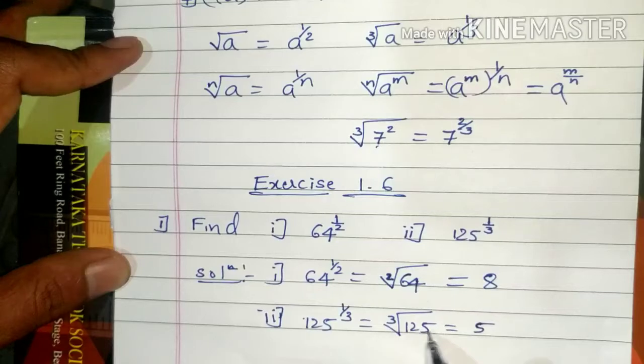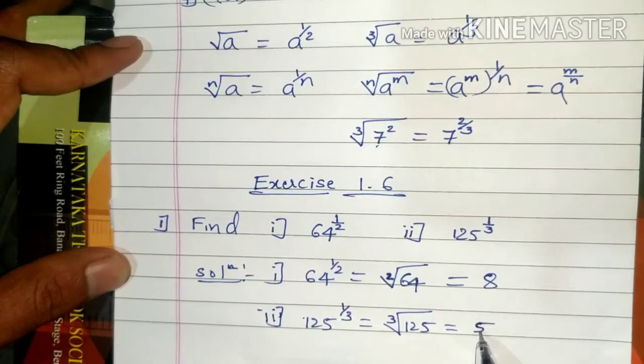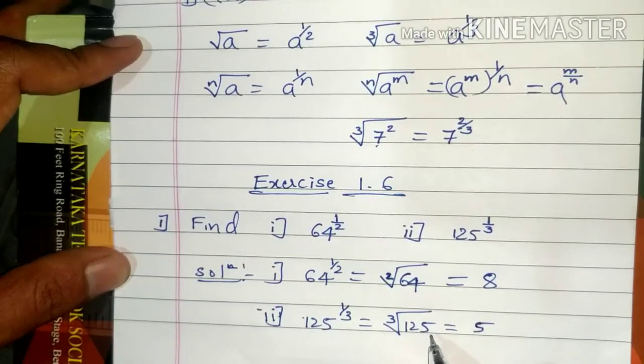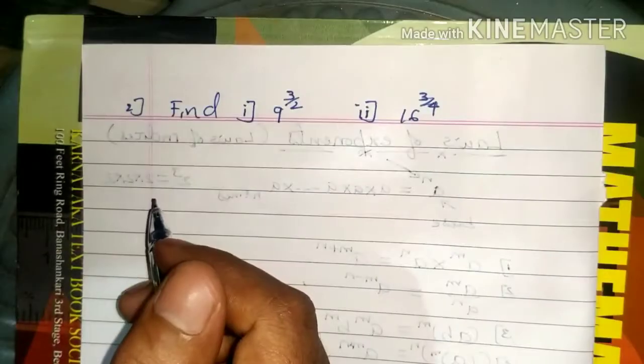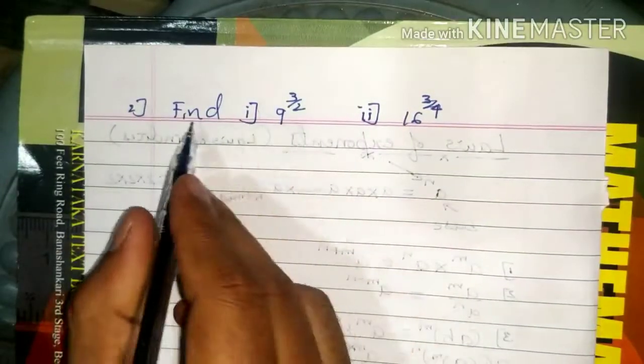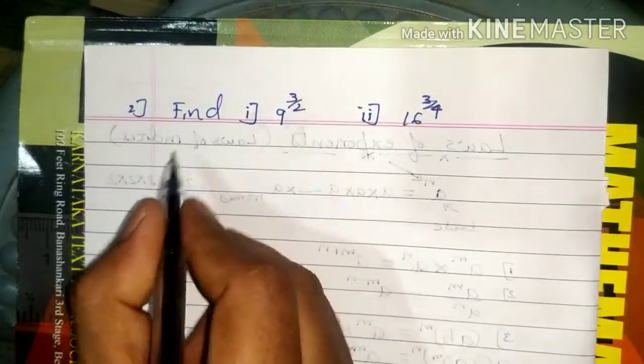This is how you simplify these kinds of examples. Next, find 9 raised to 3 by 2.